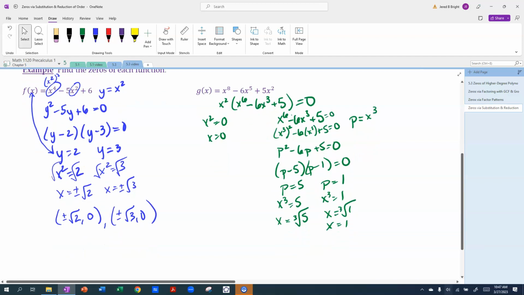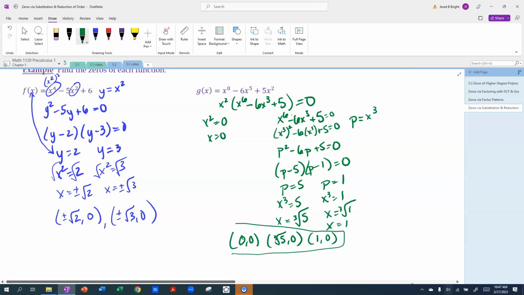So in all here, I get 3 distinct zeros: the point 0, 0; cube root of 5, comma 0; and 1, comma 0. With cube roots, there aren't pluses and minuses. The pluses and minuses only happen with even roots. So these 3 zeros are all I have and all I need.